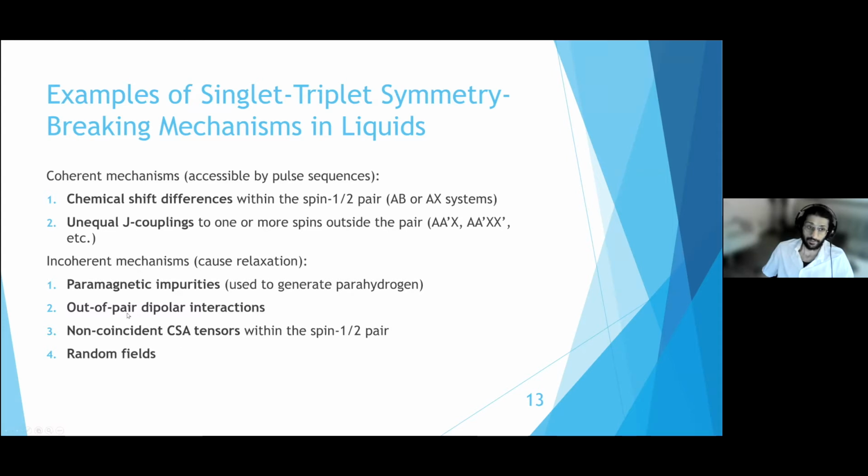You could have random fields, and you could have paramagnetic impurities, which is probably the oldest. This goes back to the experiments in the 1920s, where ortho-para hydrogen transitions, generating para-hydrogen, was done by introducing these paramagnetic impurities at low temperature, breaking the symmetry, and then removing those impurities. So eventually you end up with para-hydrogen, and it's very stable. It can stay for days and weeks.